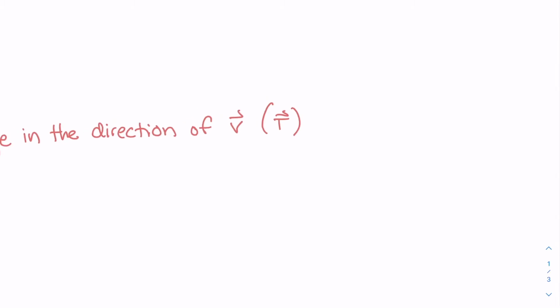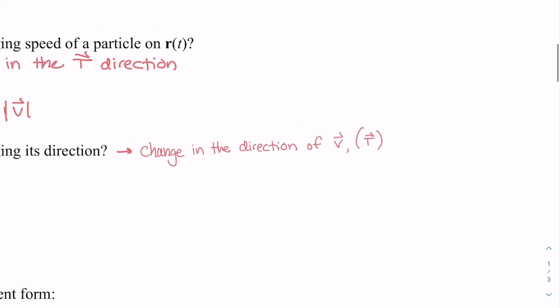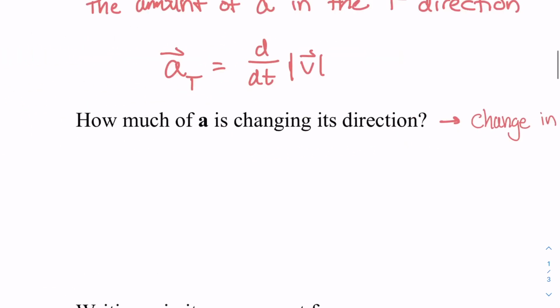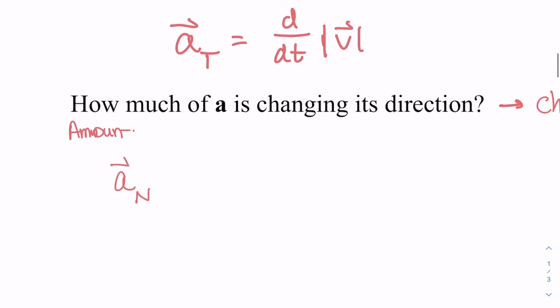Both of them are the same. They both have the same direction. Then that is going to be the amount of acceleration in the normal direction. So that's the amount in the normal direction.